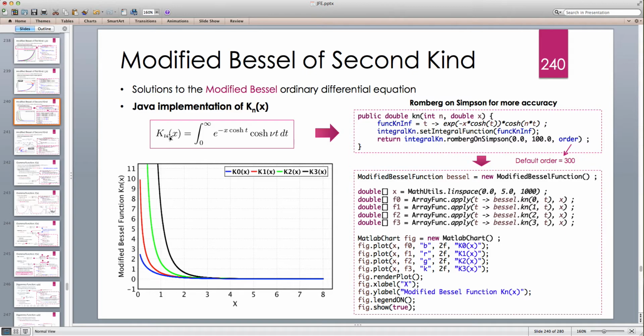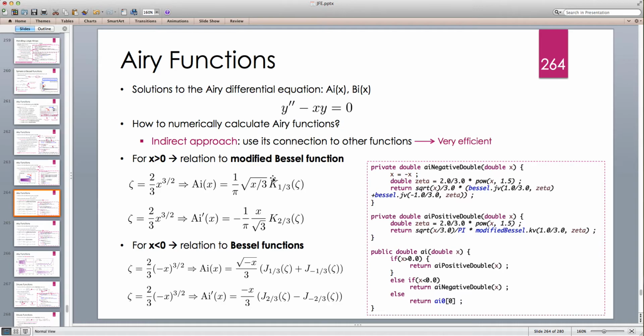So K nu, the modified Bessel function of the second kind, has an exponential decay behavior. That's very easy to remember for the Airy function. So it's related to the K, and for x negative, it's oscillatory, so we know that it's related to the J Bessel function of the first kind.